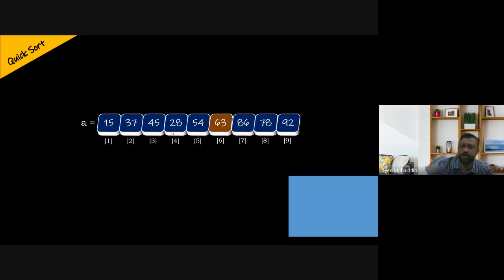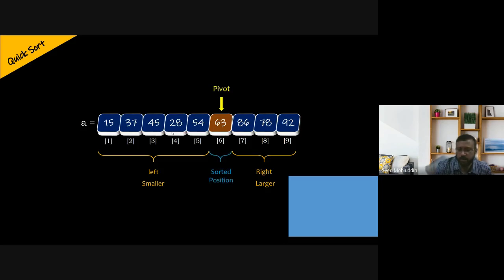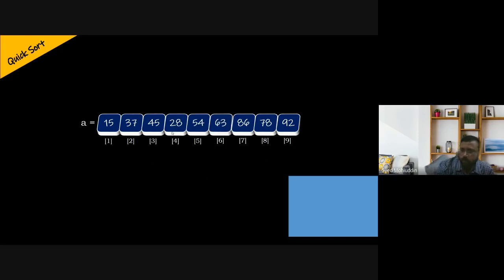Now what about this case, 63? Can we call this a pivot element? All the elements to the left are smaller, and all the elements to the right are larger than the pivot. Therefore, we can say that the element 63 is a pivot element, and the pivot element will be in its sorted position. What about this element 15?